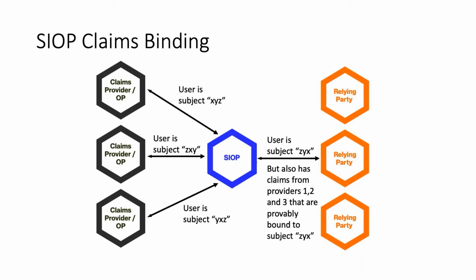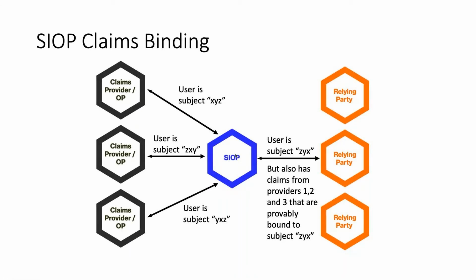Are you trying to bind it to the subject identifier? Yes. Is it general, or just for this, or is it a transactional binding? Well, there are multiple ways you can do that, but it is the identifier that the SIOP is returning in the response that is the identifier the relying party relies upon.